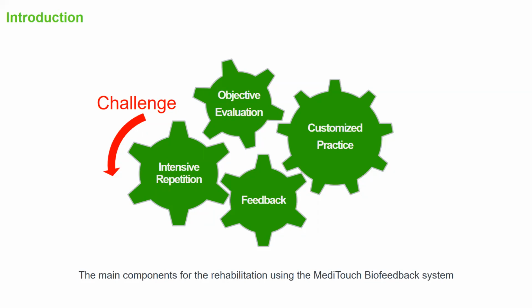The second one is customized practice, how we can customize the practice in regards to the level and the kind of practice according to the patient's abilities and needs. And of course, intensive repetition, which is very important because without intensive repetition, there is no motor learning. And the fourth is feedback to get better motor learning and to help the patient get better recovery.